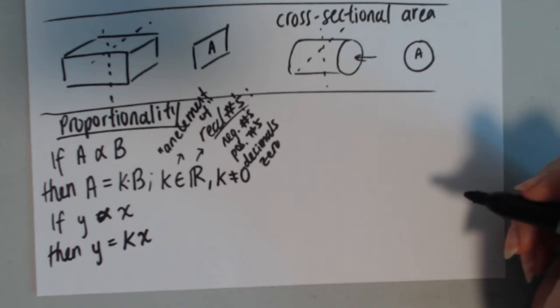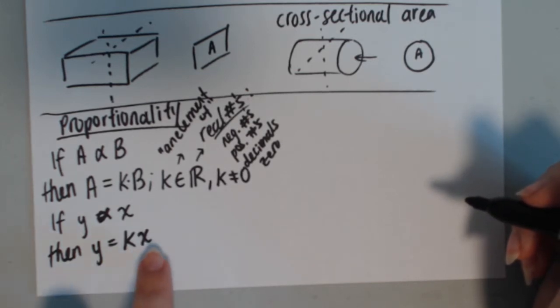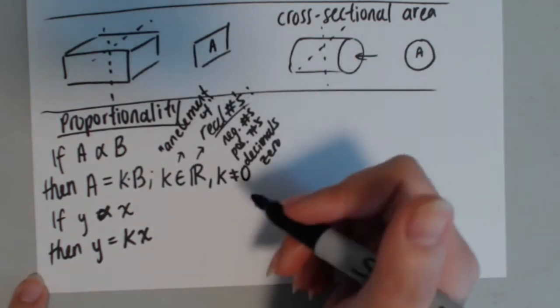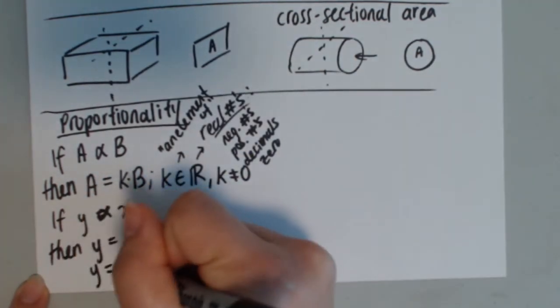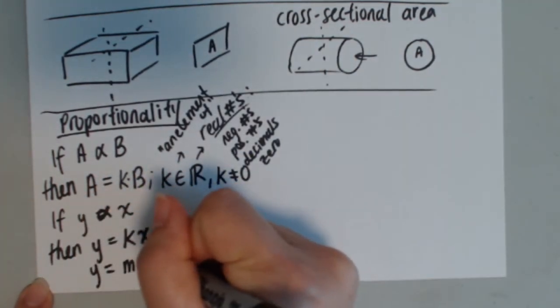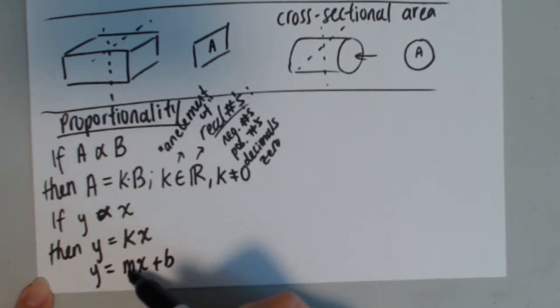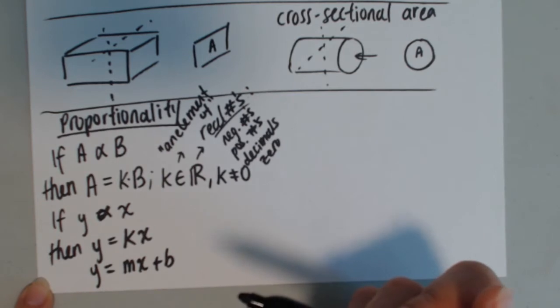In grade 9, you learned the equation of a straight line, and that's essentially what you have here: your dependent variable on the left, independent on the right, and the relationship between them is the product of a constant. In grade 9, you would have seen that y is equal to mx plus b, a straight line with y-intercept b, slope m, and variables x and y.